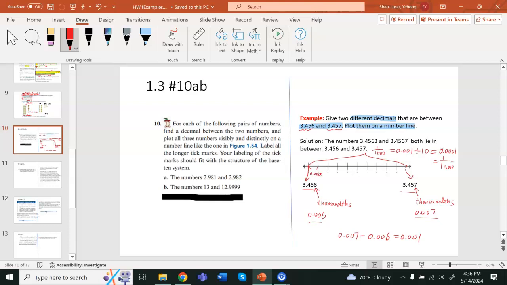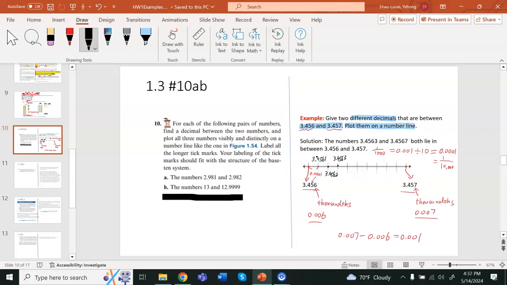When you add this to the initial point, that's going to give us the first tick mark. Let me erase this and put it right above it. So that gives us 3.4561.